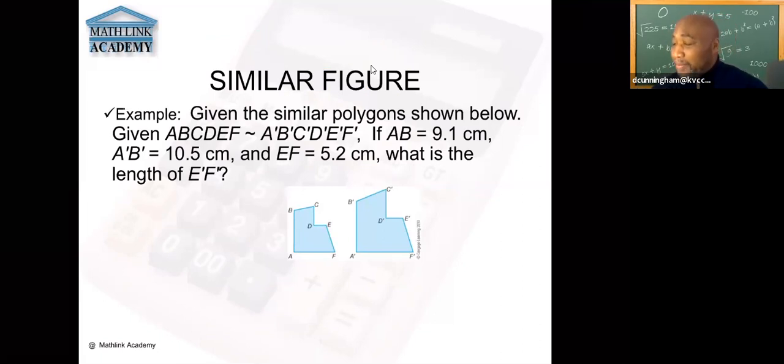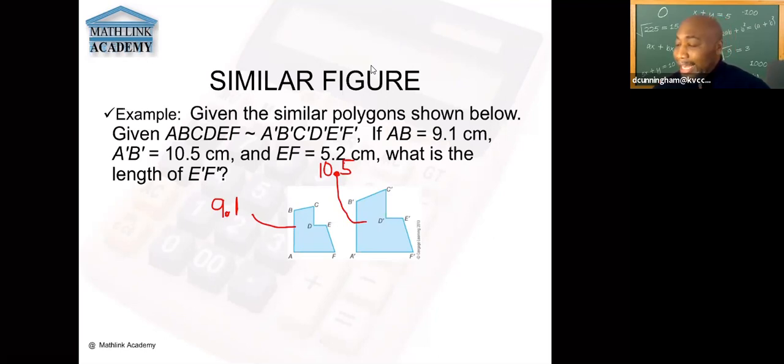So if AB right here is 9.1 centimeters, and also A prime B prime is 10.5. Again, they're not the same. The shape's the same, but our sides are proportional. We'll look at that.